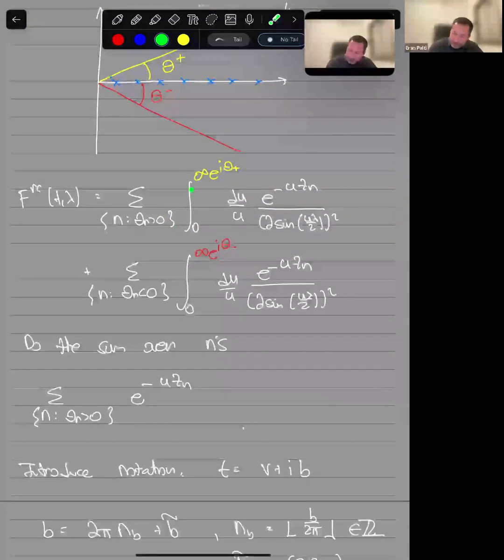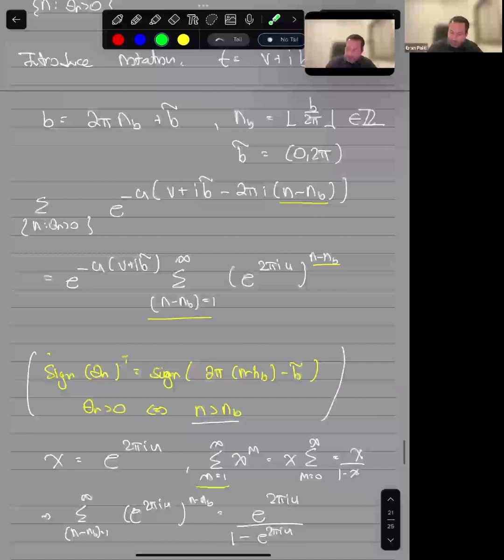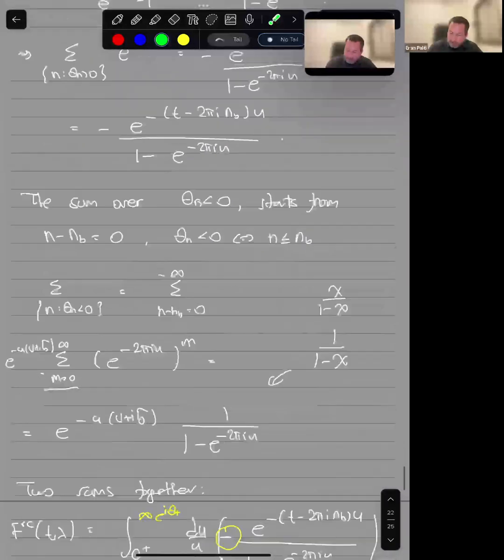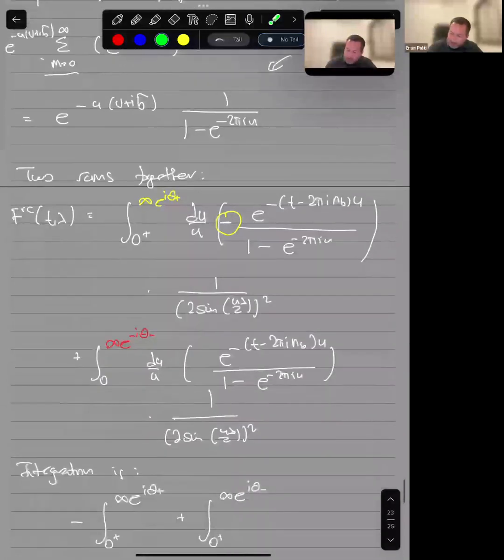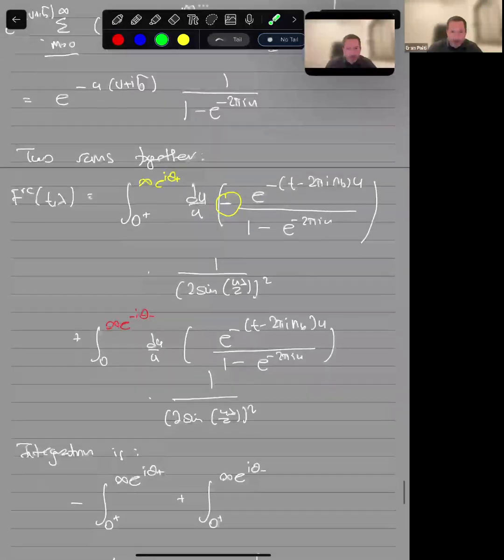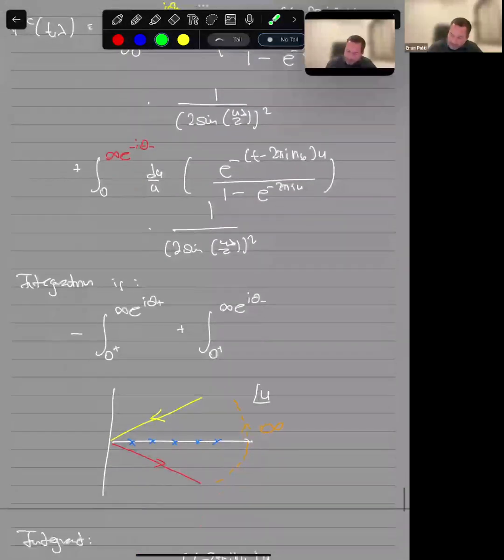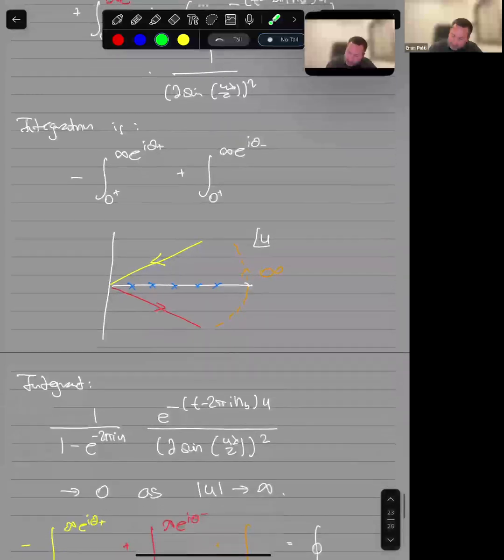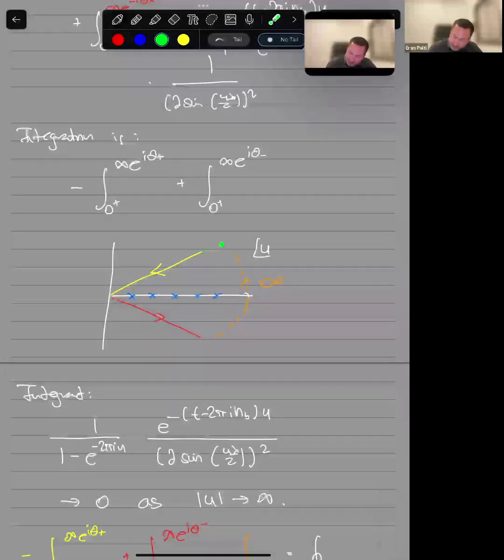So we've split our sum over n into two sums, sums over positive thetas and sums over negative thetas. Then we just did these two geometric sums, and they gave us the same integrand apart from a minus sign. This minus sign is just telling us that this integration over theta has to be done backwards, going from infinity to the origin.